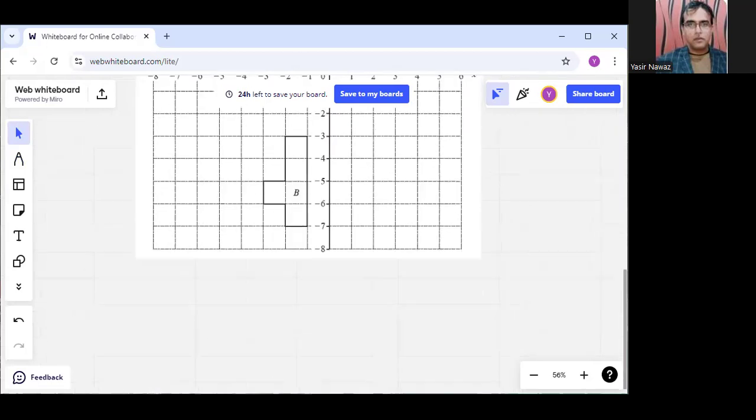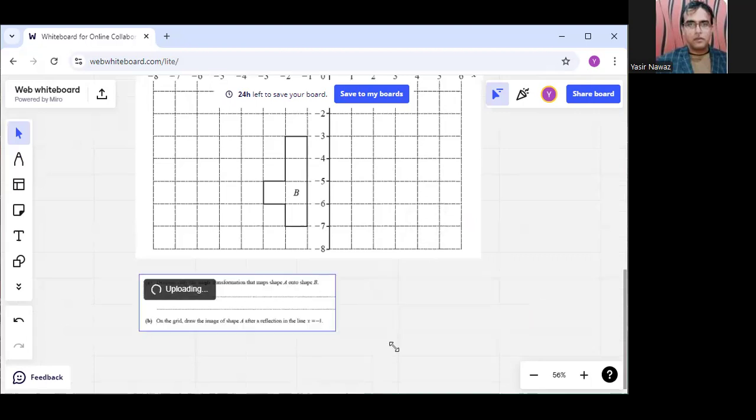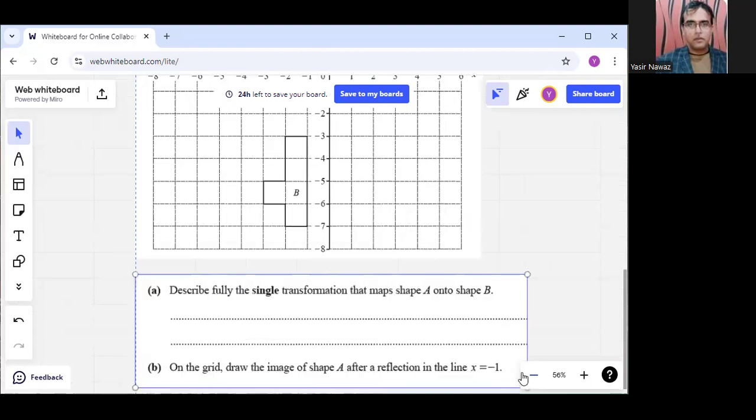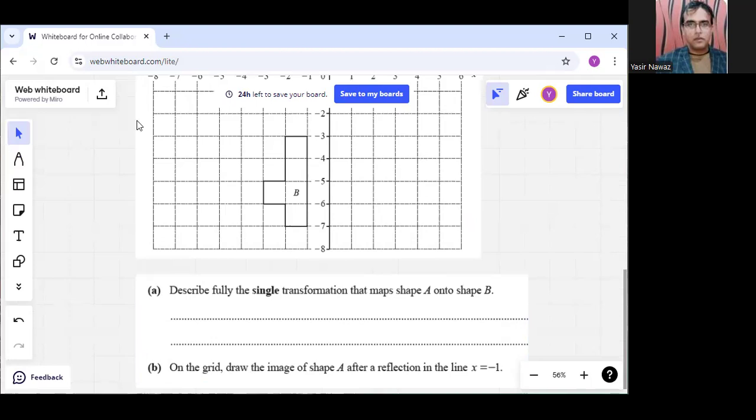And the question is, describe fully the single transformation that maps shape A onto shape B.